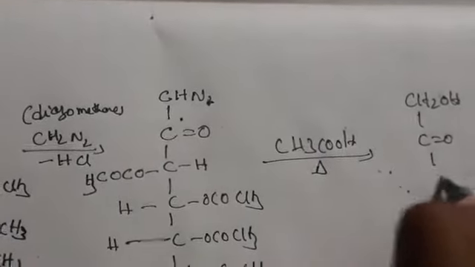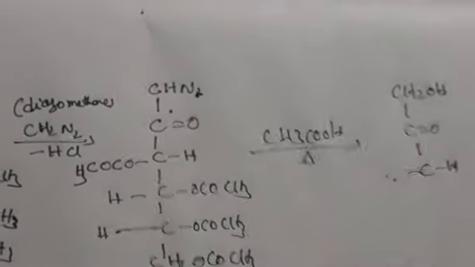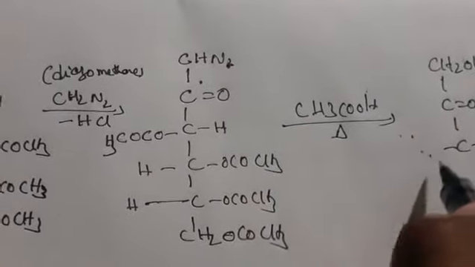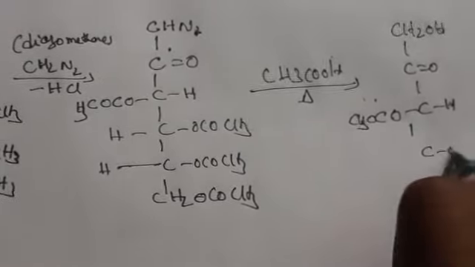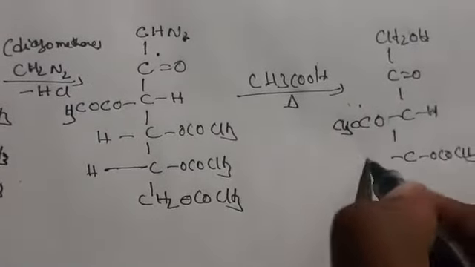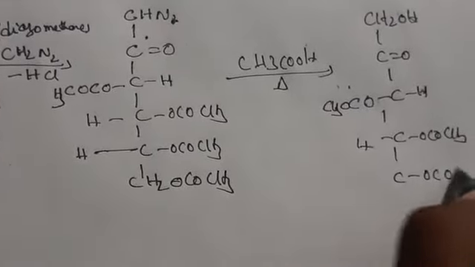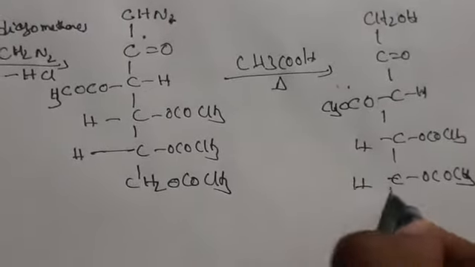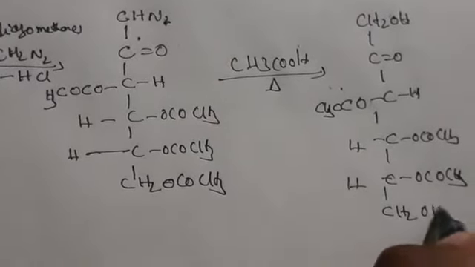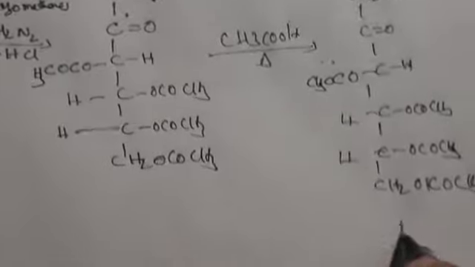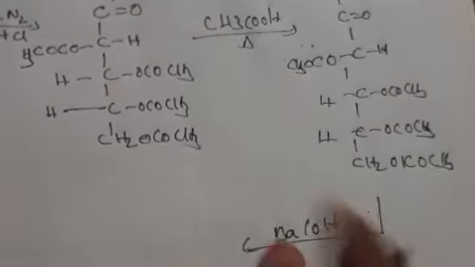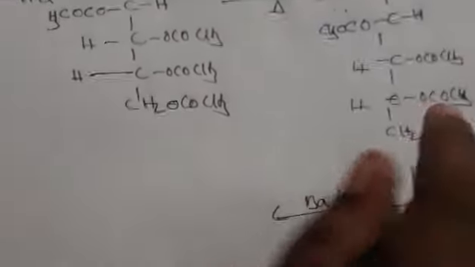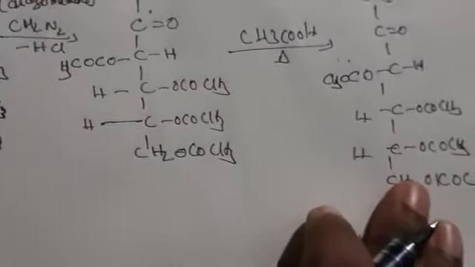C double bond O, CH, OCOCH3, COCOCH3, H COCOCH3, H CH2OCOCH3. So this compound is reacted with Ba(OH)2. So automatically what happens means OCOCH3 and Ba, means barium salt of acetate is going to form.